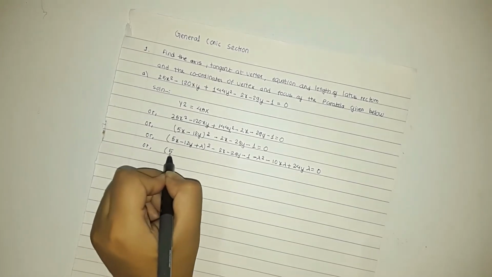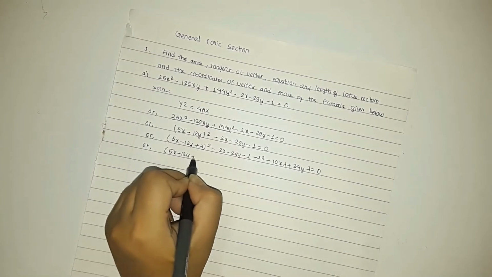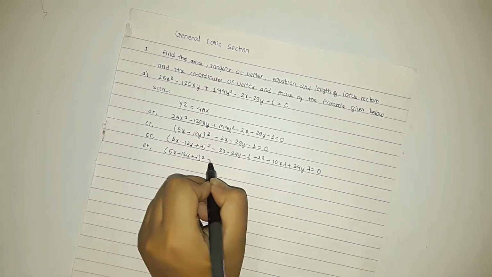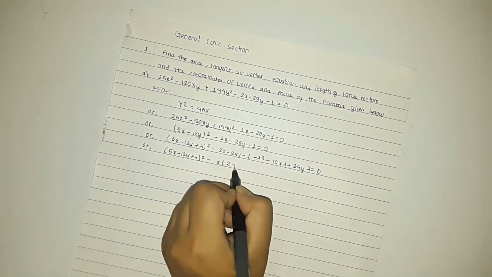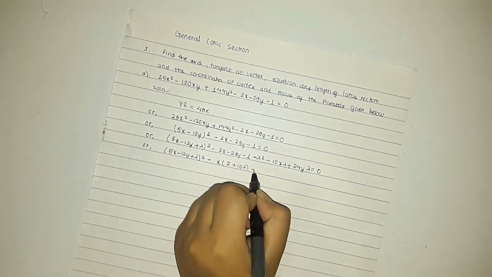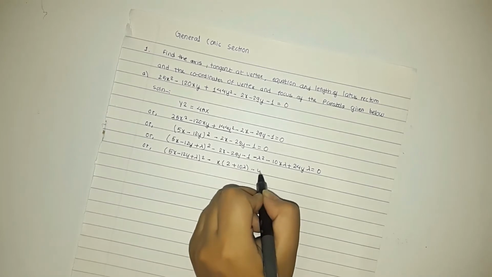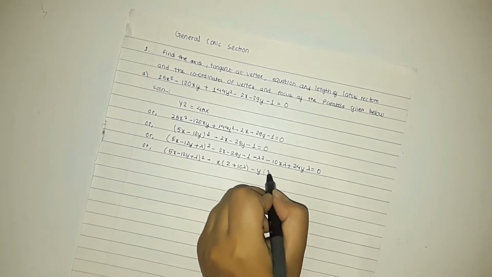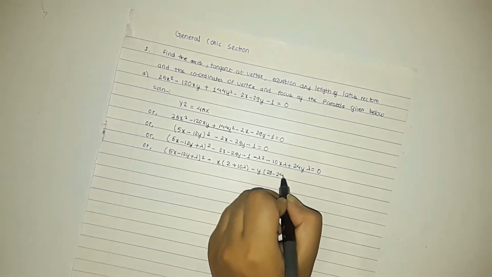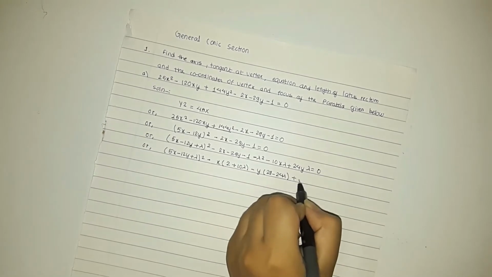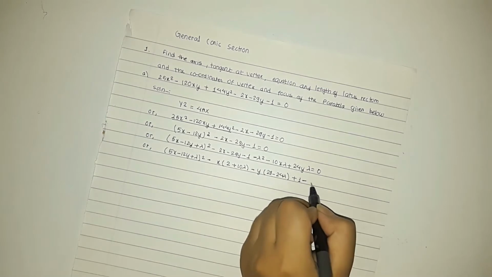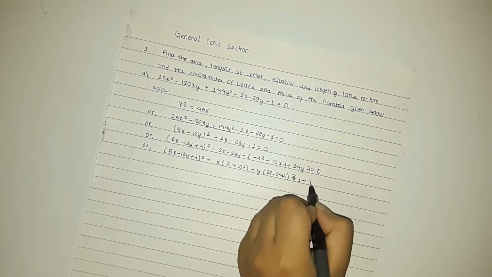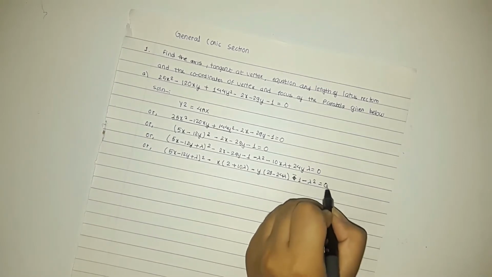Now taking x common, we get 2 plus 10 lambda, and again taking y common, minus 24 lambda, minus 1 minus lambda square equals 0.